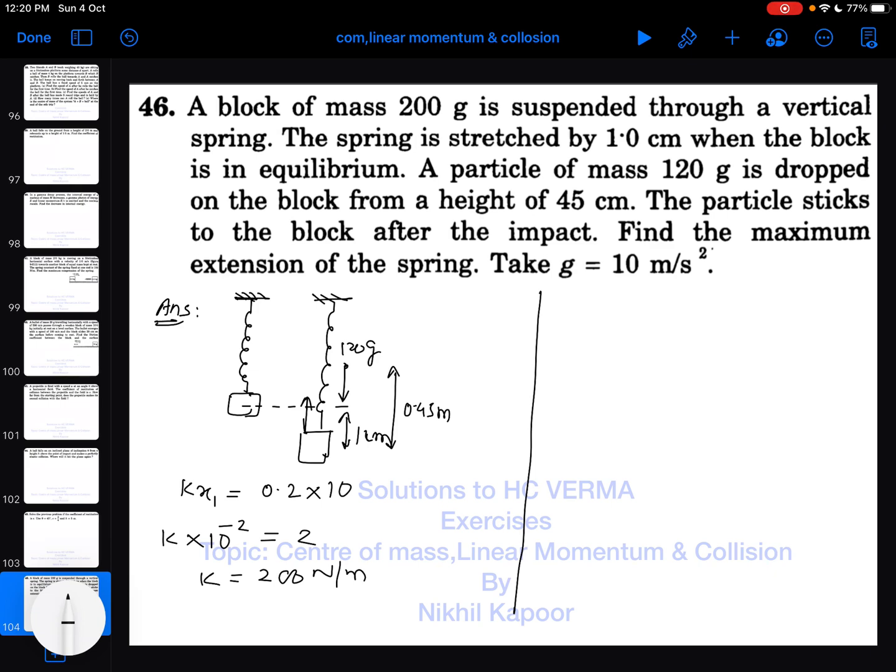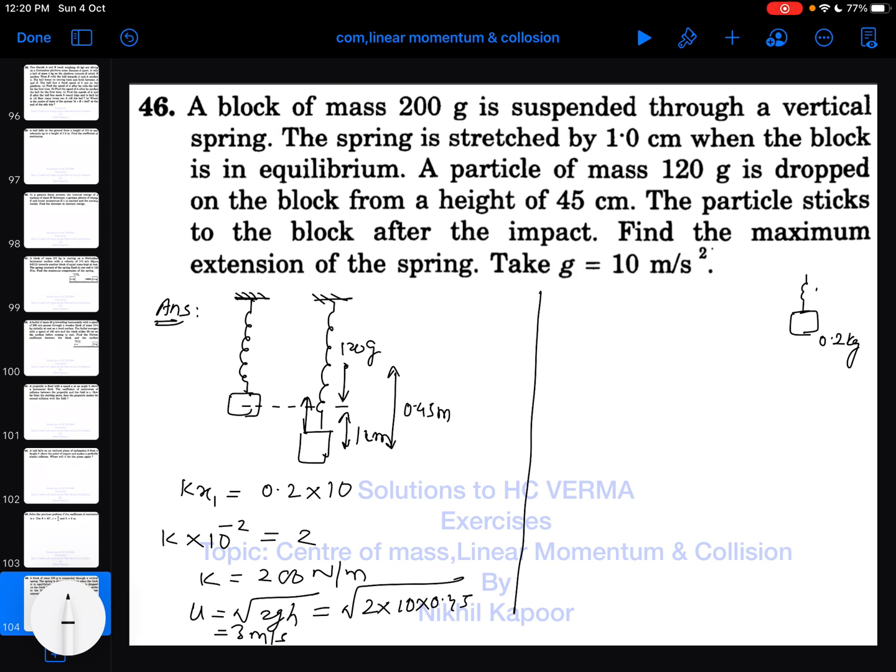The velocity with which it will strike before collision will be equal to under root 2gh, because it has fallen through height h. 2 into 10 into 0.45 comes out to be under root of 9, and that would be 3 meter per second.